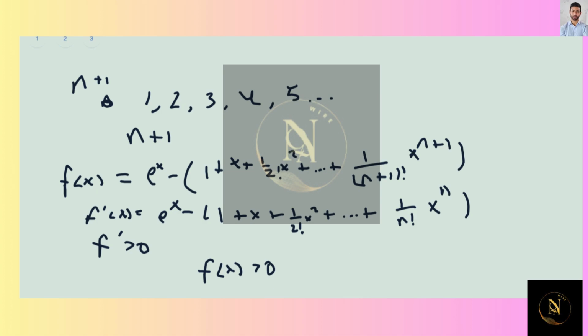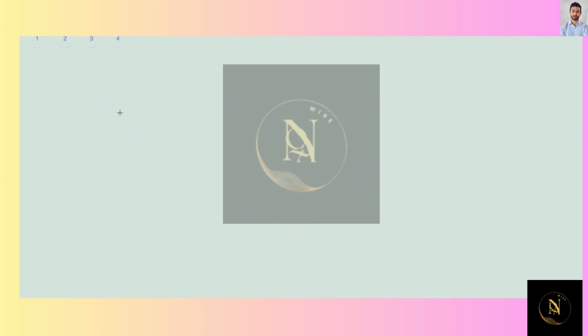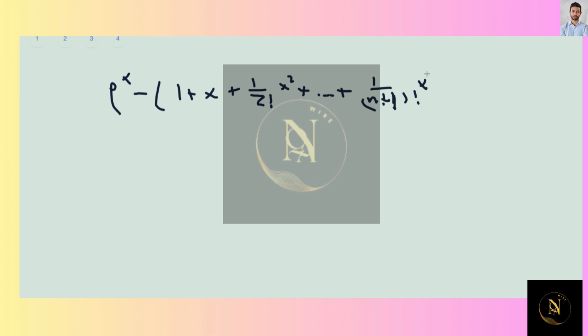And so we can go ahead and even plug in our function. So e to the x minus 1 plus x plus 1 over 2 factorial x squared, plus 1 over n plus 1 factorial x to the n plus 1, and that's greater than 0.